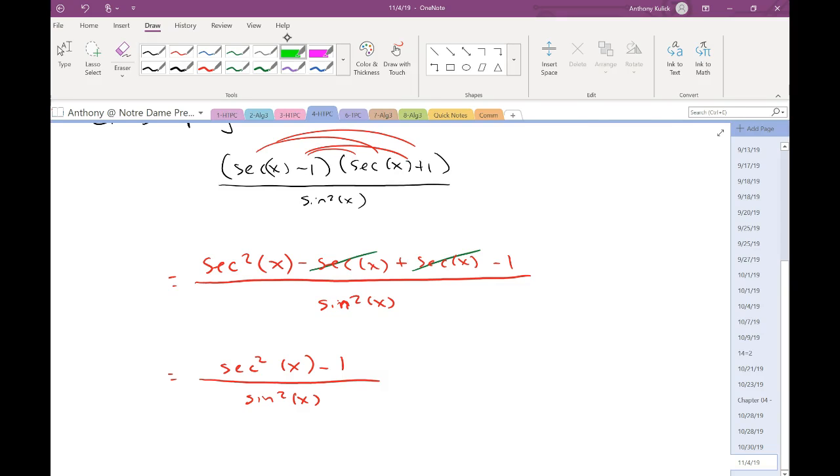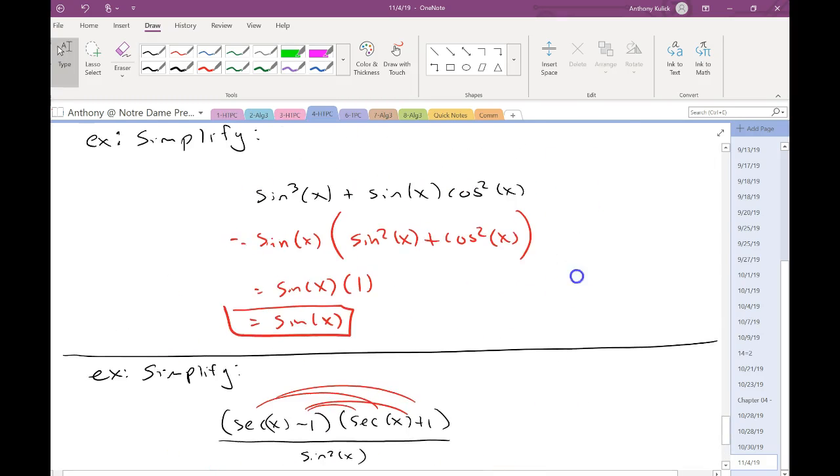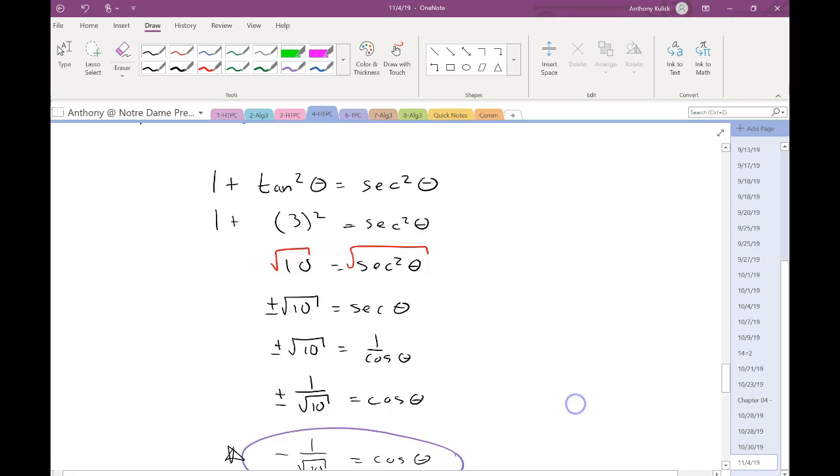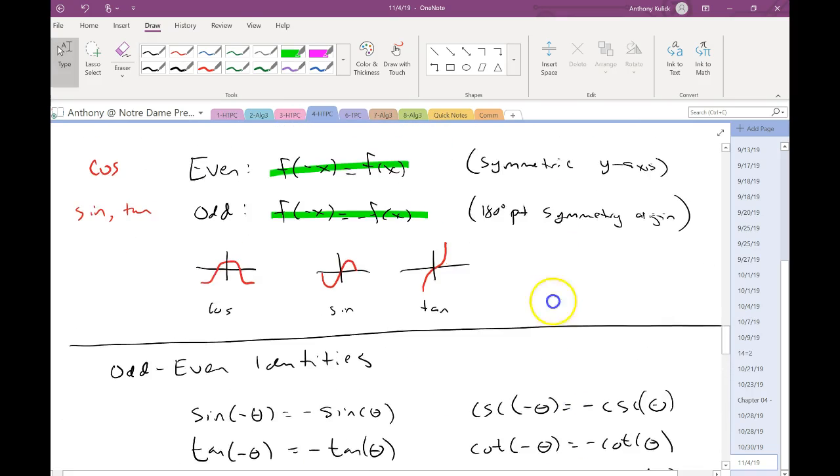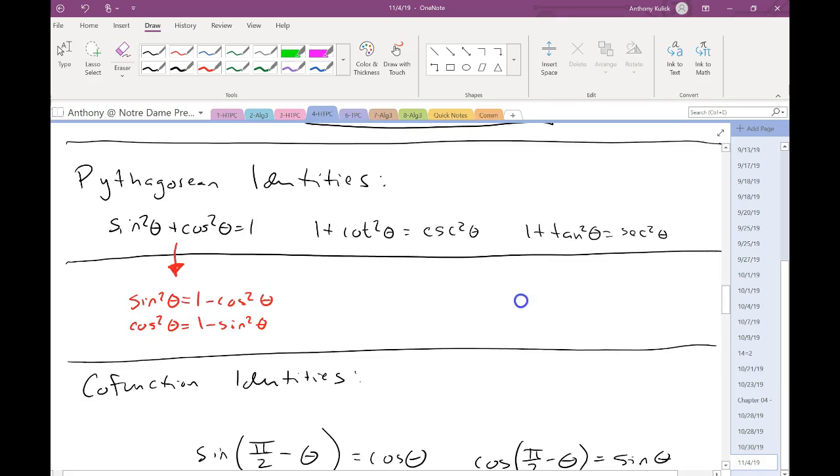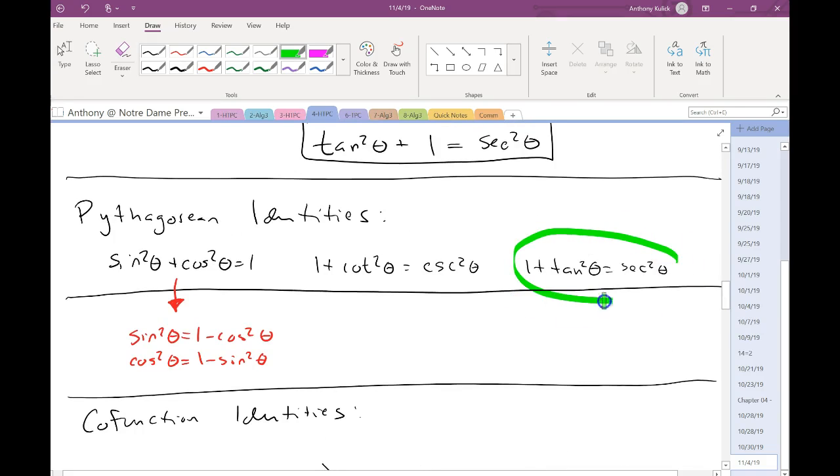Maya? Yeah, so if I look at this, when I see a squared trig function, plus 1 or minus 1, the first thing that's going to go through my head is to look at my Pythagorean identities. And I notice this one has a 1 and a secant squared in it.